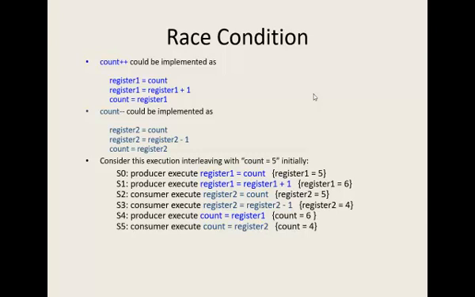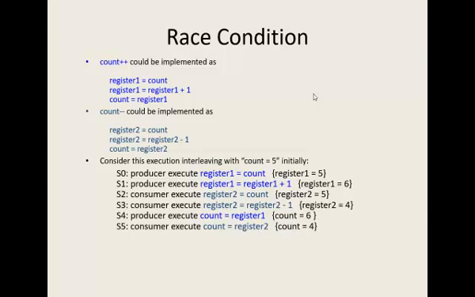In this case, we can go through a particular sequence like this: S0, S1, S2, S3. These are sequence steps. First we copy the value of the counter, and in the second step we increase the register 1 value to 6, assuming that the counter value is initially 5, and then that particular process is put on hold.